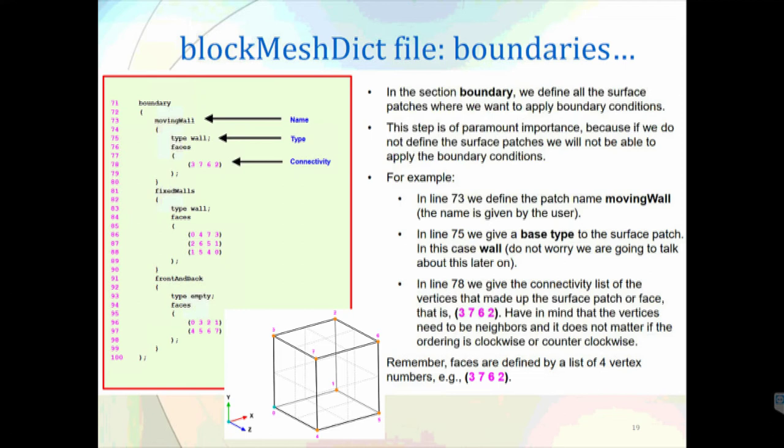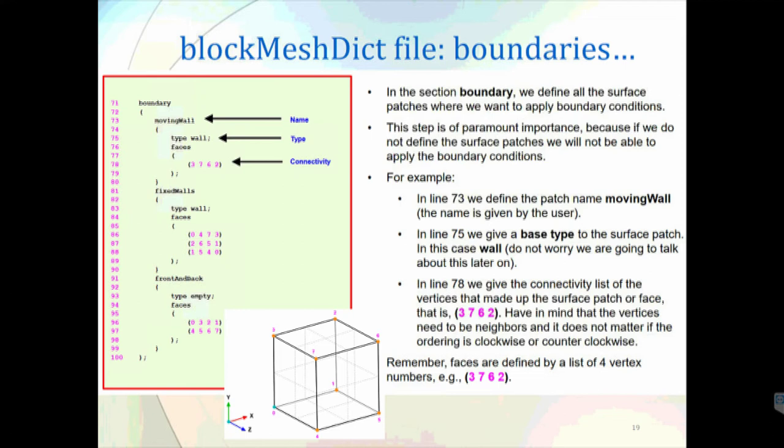So there are two faces in this, and you can see that the type of boundary, whether it is going to be an empty patch type boundary or wall type boundary or axisymmetric boundary, that is also specified here. Okay, moving wall, and then inside it we first describe type wall. This is also type wall. What is the difference between moving wall and fixed wall? Just the velocity of the wall is different.